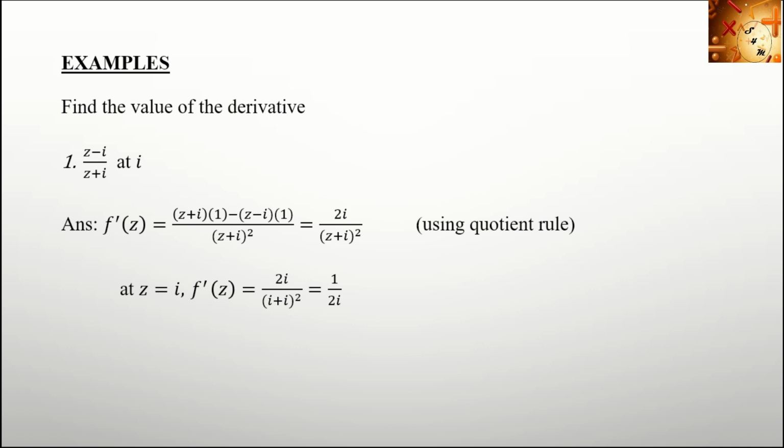So put z equal to i, we get f dash of z equal to 2i divided by i plus i the whole square, that is equal to 1 by 2i. So the value of the derivative of the function z minus i divided by z plus i at the point z equal to i is 1 by 2i.